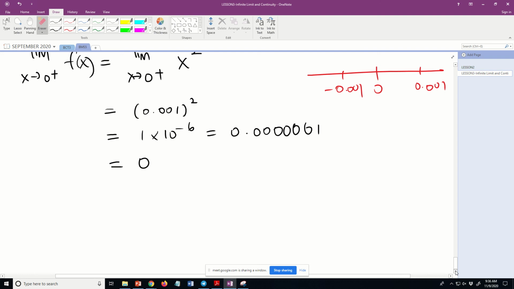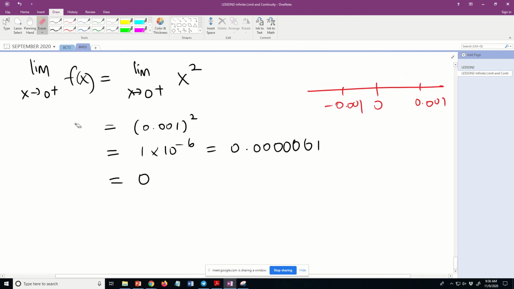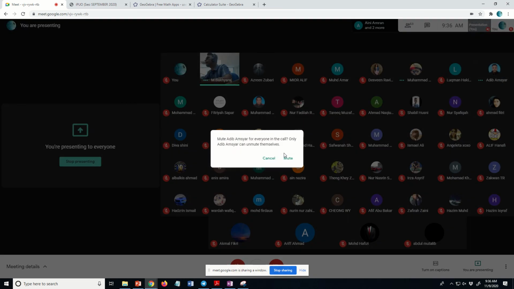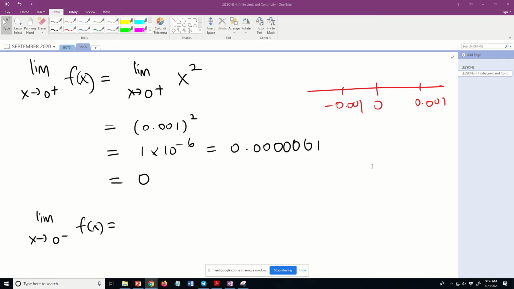Okay, now next. Next I'm going to go for, saya nak tulis untuk 0 negatif pula. Correct. So limit x approaches 0 negative for function fx. Okay, betul. So 2x, betul. Saya akan ganti 2x. Very good. So here I put limit x approaches 0 minus for function 2x.